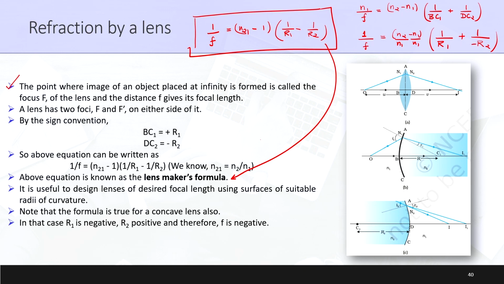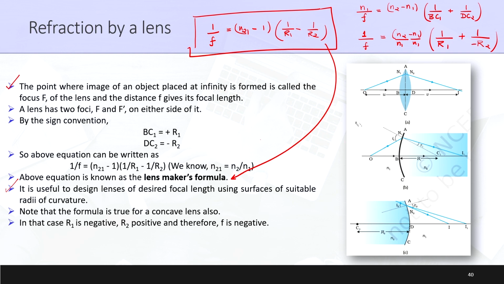So, it is useful to design lenses of desired focal length using surfaces of suitable radii of curvature, quite evident. If you vary this R1 and R2, you can find out the value of your lens. Note that the formula is true for a concave lens also. Whether the lens is in this form or this form does not matter; the Lens Maker's formula is valid for both.